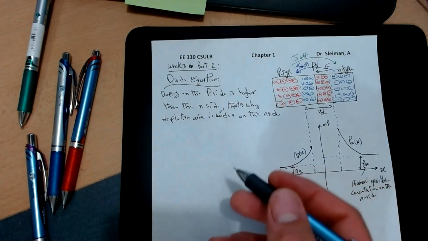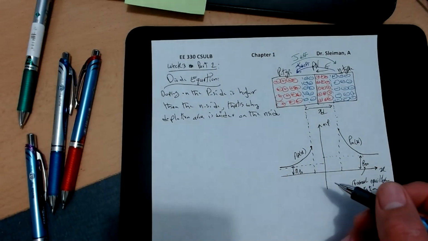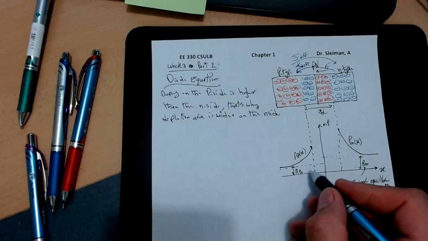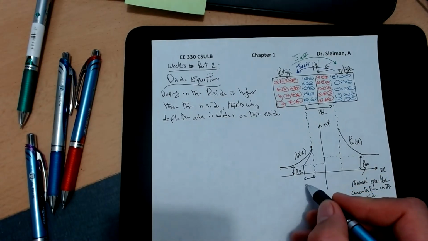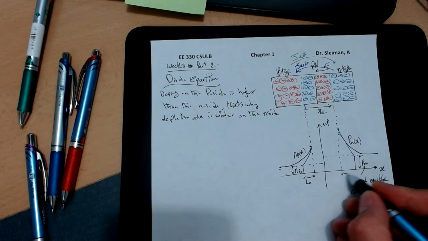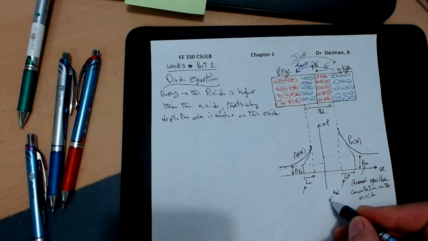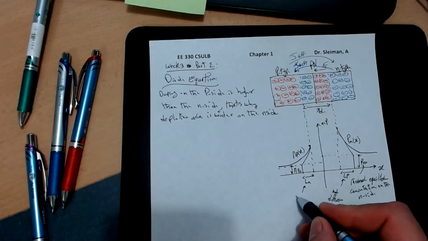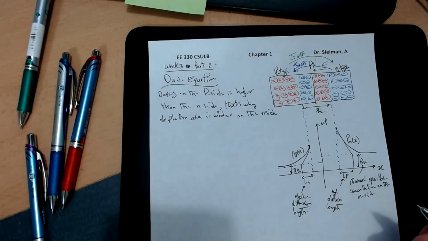And here is the hole diffusion length Lp, and this is the electron diffusion length Ln.